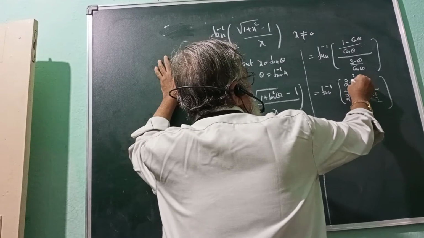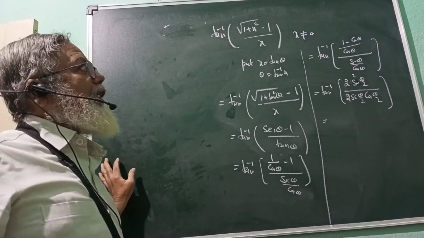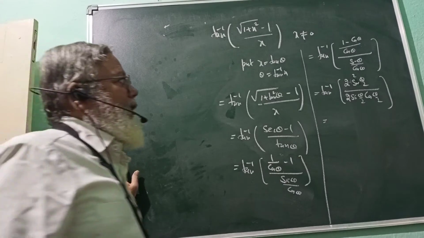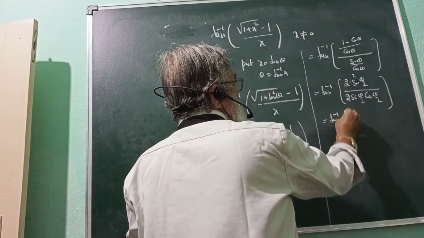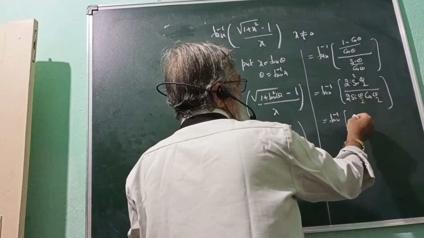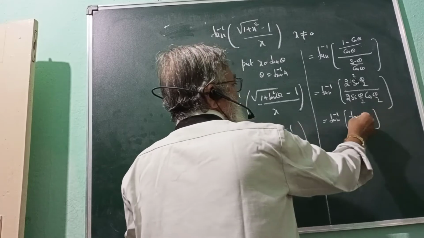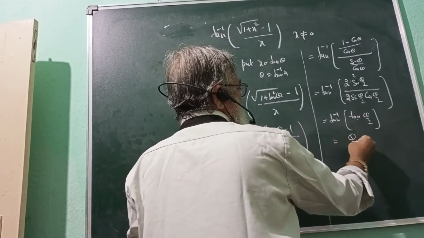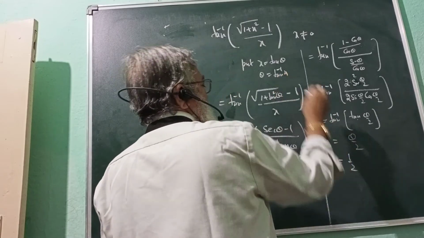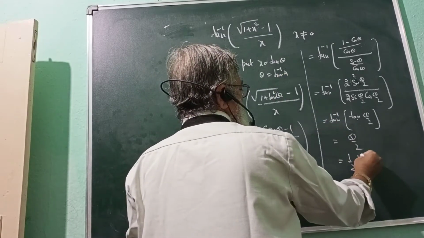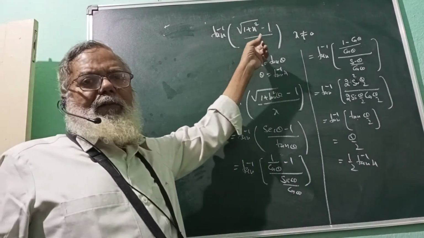Here it should be sin square theta, 1 minus cos theta, and if it is plus, then it will be cos square. So here it will be tan inverse of tan theta by 2. And now tan and tan inverse cancel each other. Theta by 2, that is 1 by 2 into theta, which is given by tan inverse x, is the simplified form of the given problem.